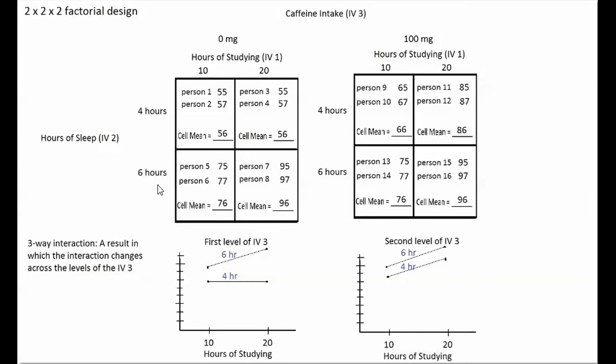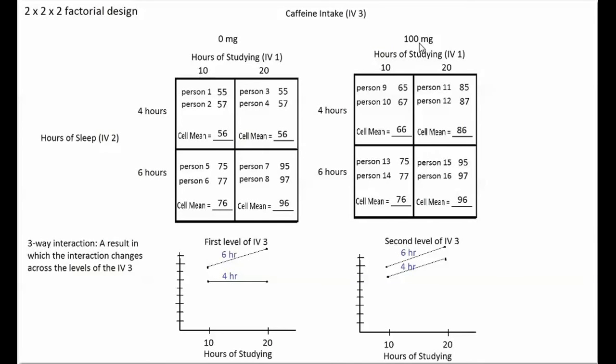But when the participants get 6 hours of sleep, and they do have a decent amount of sleep, then the extra studying does help them. That's why this mean is 96, and this mean is only 76. It's because these two participants right here benefited from the extra studying. That's why this line drops down by 20 from 96 down to 76. Remember, this is the 0 milligram condition.